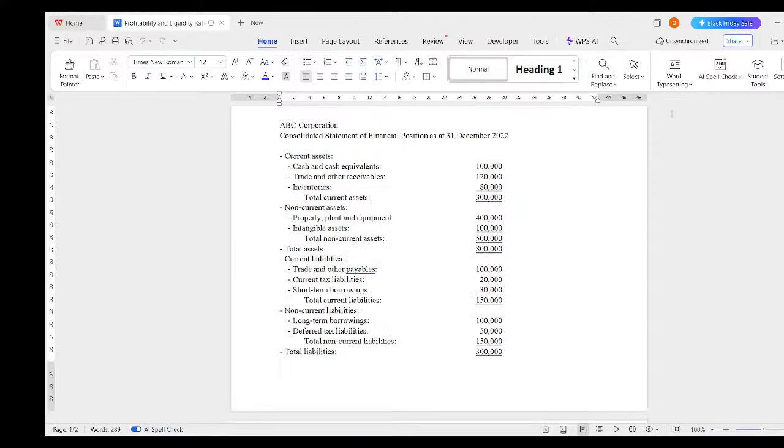Here you can see we have non-current assets, property, plant and equipment 400,000. Intangible assets 100,000. Total non-current assets 500,000. Total assets 800,000.